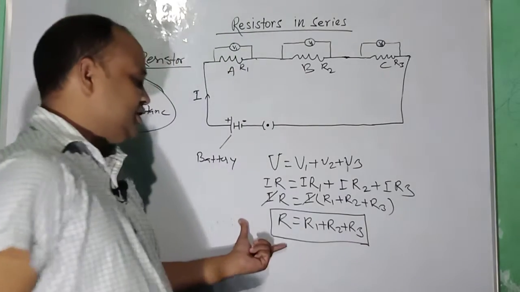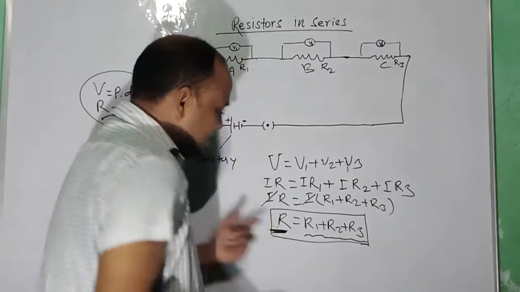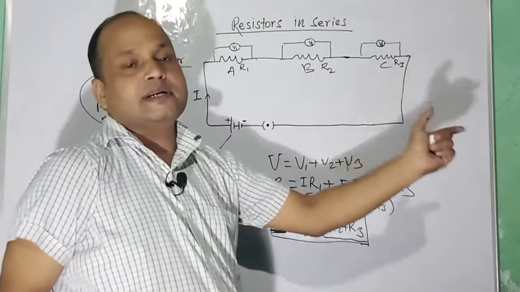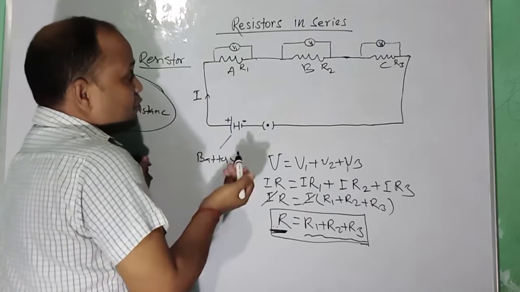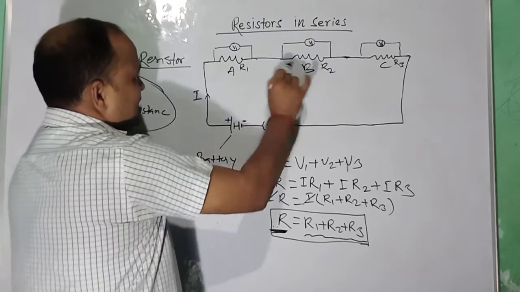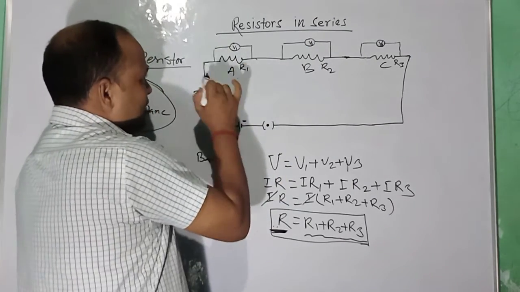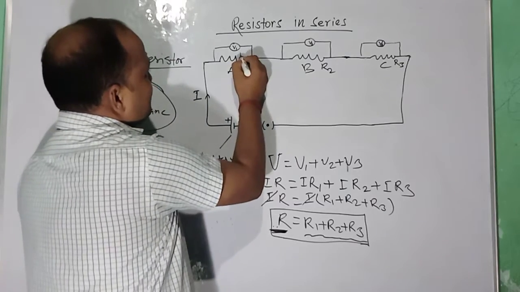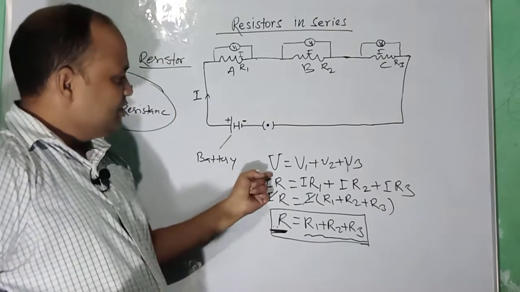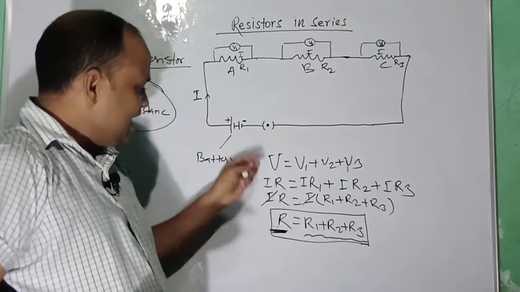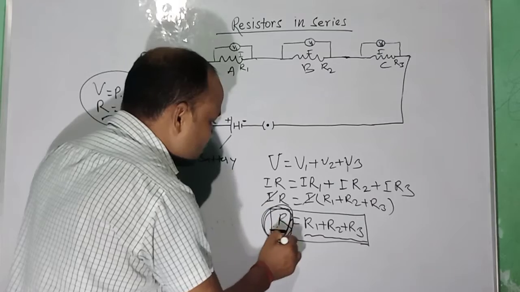So in a series combination, the total resistance of the circuit is equal to the sum of the individual resistances used in the circuit. That you have to remember. So what you have found, in a series combination of resistors, on each resistance the voltage or potential difference is different, but the current is the same, that is I. So V is equal to V1 plus V2 plus V3, and finally you got R, the equivalent resistance or the total resistance of the circuit.